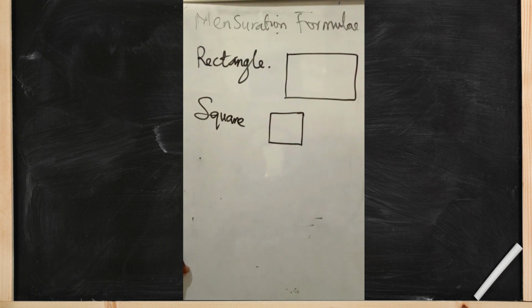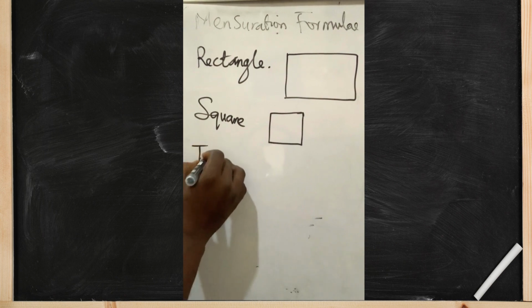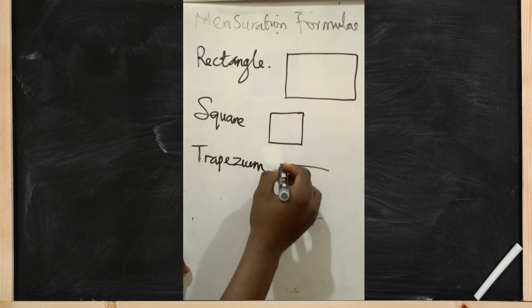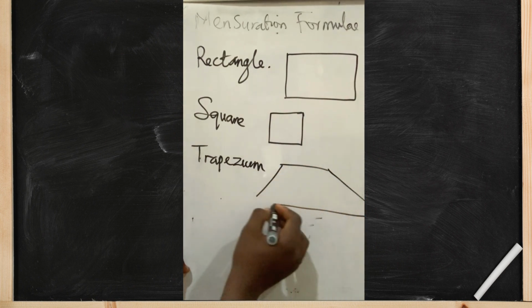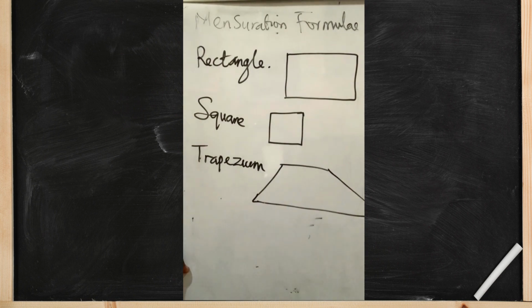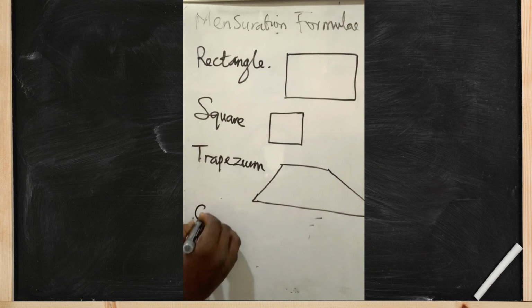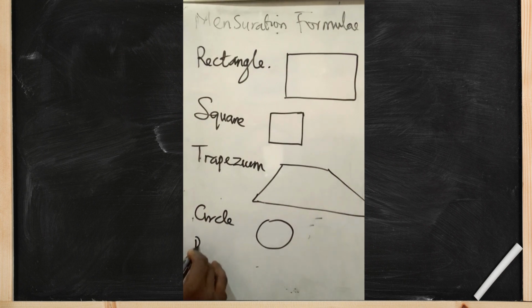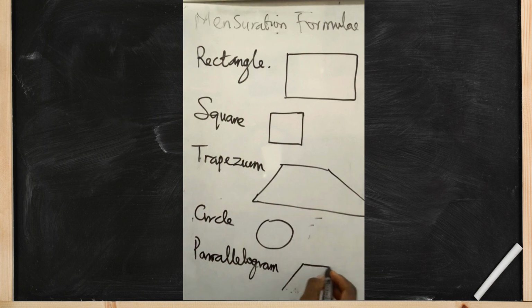Now, another one after that is the trapezium. Trapezium is drawn like this. Now, after the trapezium, we have circle. After circle, we have parallelogram. Now, after parallelogram, we have rhombus.